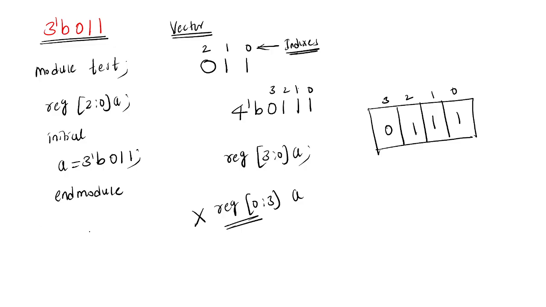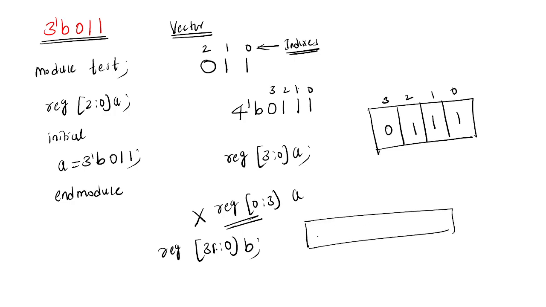Suppose you want to store a 32-bit value, I will declare reg [31:0] b. Here 32 locations will be formed, 31, 30, and so on up to 0. Like this it will store. This is nothing but a vector.